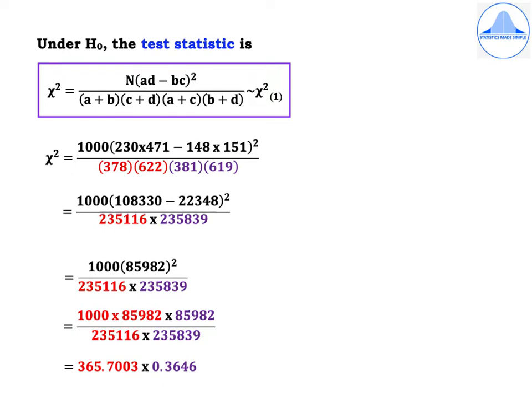I am doing all these steps because when we divide, the value reduces. But if we go on multiplying, the value increases and the computations become difficult on the scientific calculator. But if you have a normal calculator, you will be able to get all the digits on the screen.